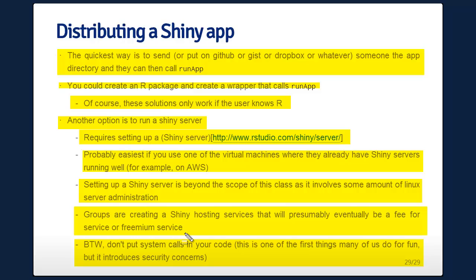It's the first thing everyone who knows what system calls are does, because then they can do something really fun with it. But it introduces a lot of security concerns, and it's not really the intention. Shiny is really for deploying statistics apps, not for running generic server-side scripts with R as the intermediary.